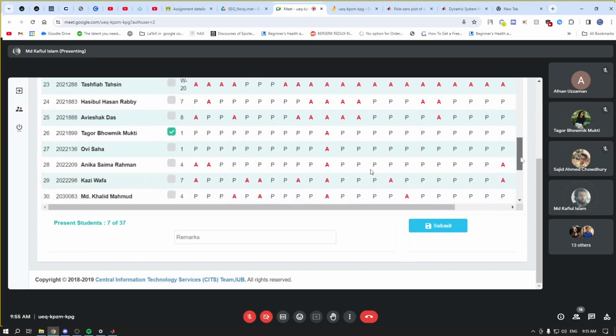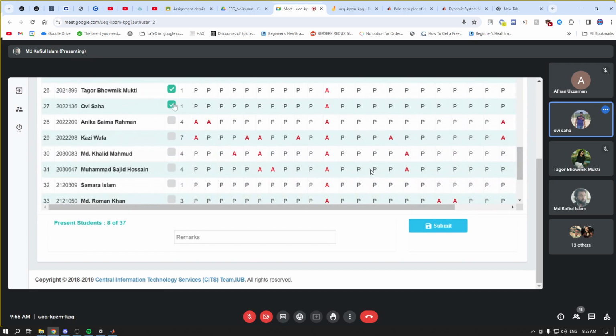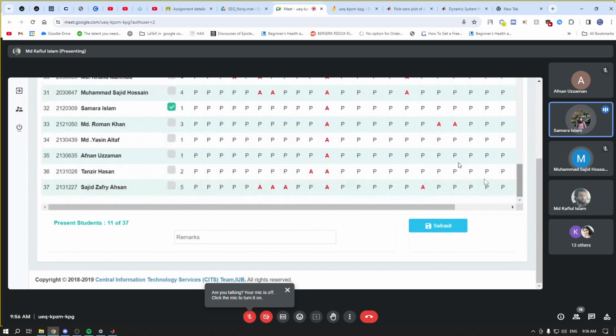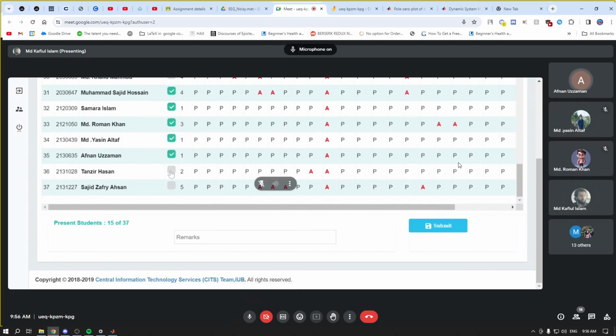Obi Shah, yes, sir. Anika Saima, present, sir. Haji Wafa, present, sir. Khalid Mahmud, Sajid Hussain, Samara Islam, present, sir. Roman Khan, sir. Tajid Hussain, present, sir. Yasin Altaf, yes, sir. Tanzir, yes, sir. Sajid Jafri, present, sir.